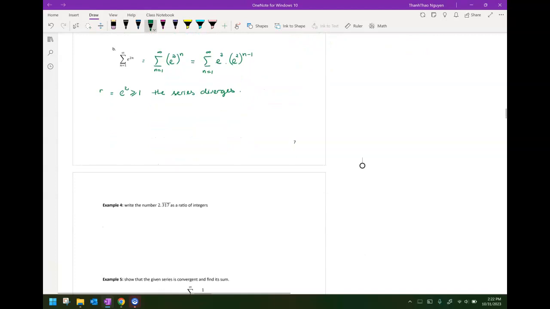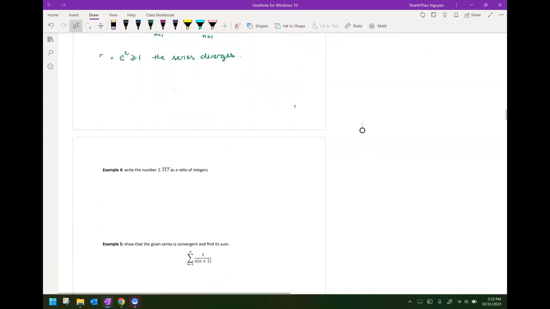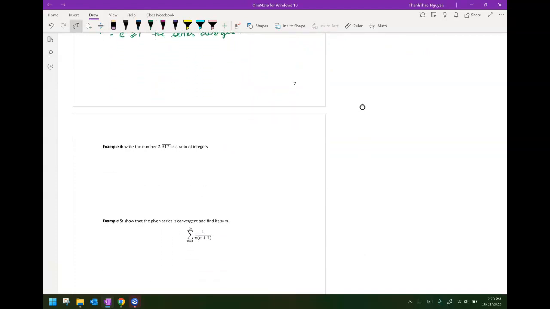We can use the sum to write a number with a repeating decimal as a ratio of integers. So note that here I have 2.317, and the 17 is the repeating term.